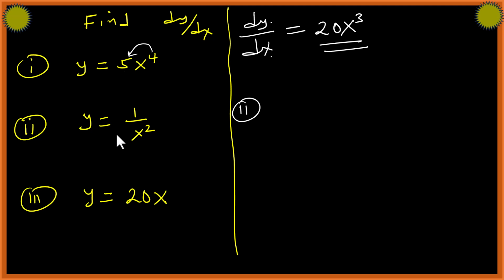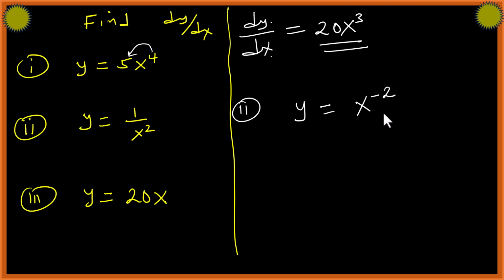Okay, so we need to adjust this. This one is in a fraction form, so we need to write this one in linear form. Remember, 1 over a is the same as a to the power negative 1. So I can go ahead and say y is the same as x to the power minus 2.